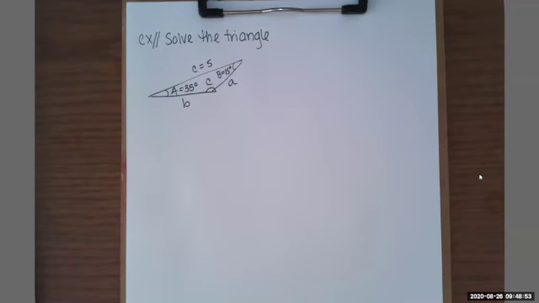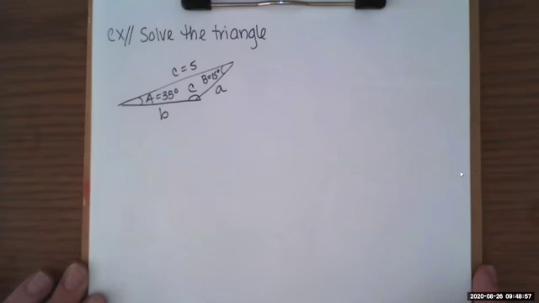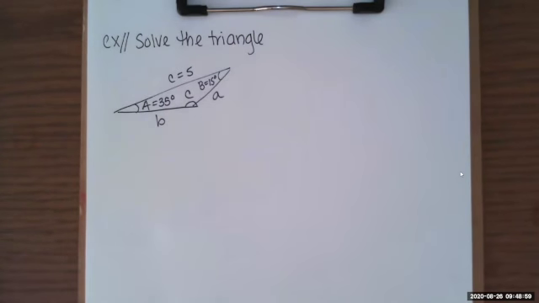Let me zoom in a little bit here. Okay, we got angle A is 35, angle B is 15. We need to find angle C, and we have side C is 5.